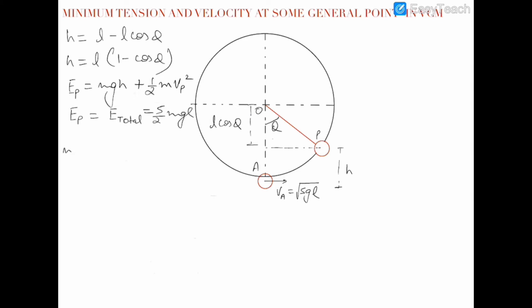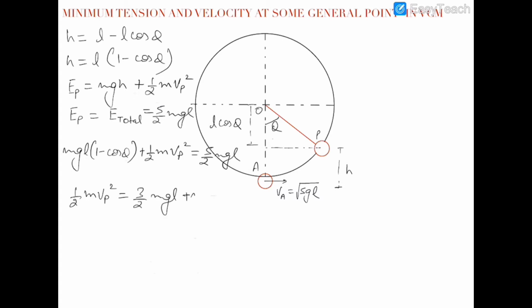Now mgL(1 minus cos theta) plus half m vp square will be equal to 5 by 2 mgL, and therefore half m vp square will be equal to 3 by 2 mgL plus mgL cos theta.